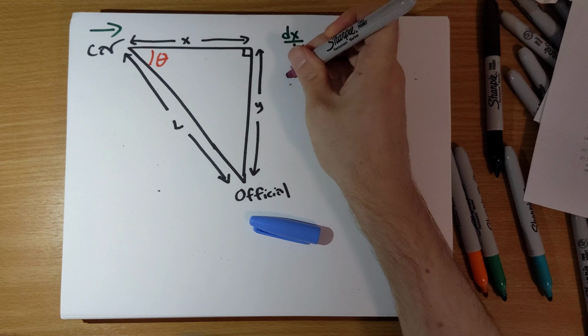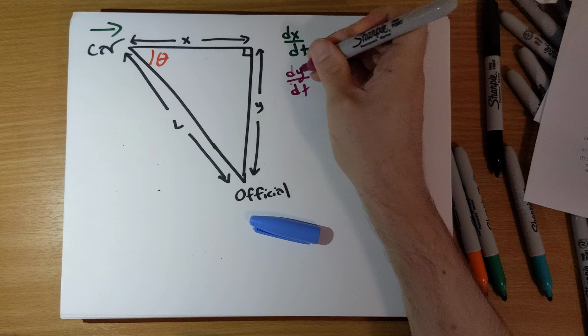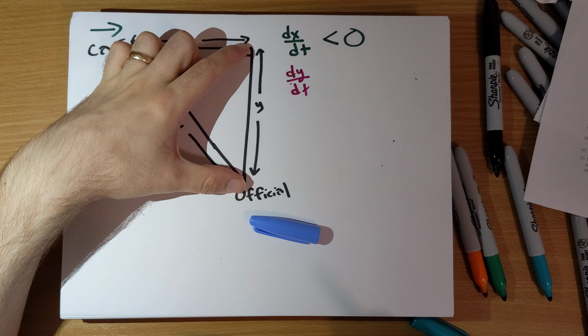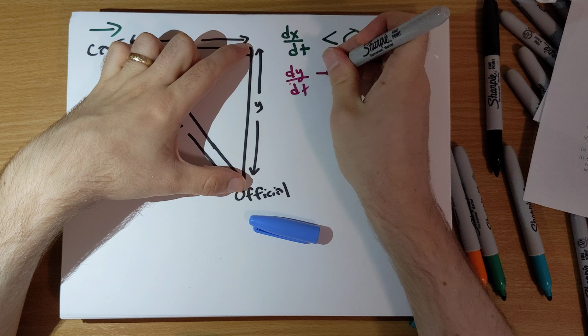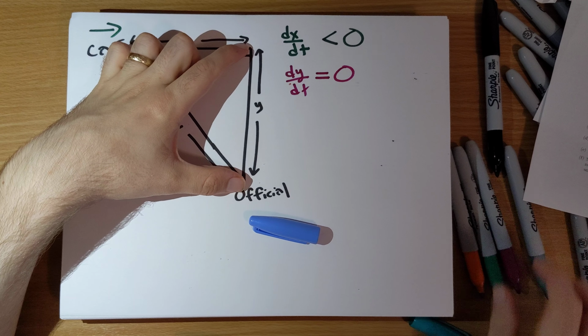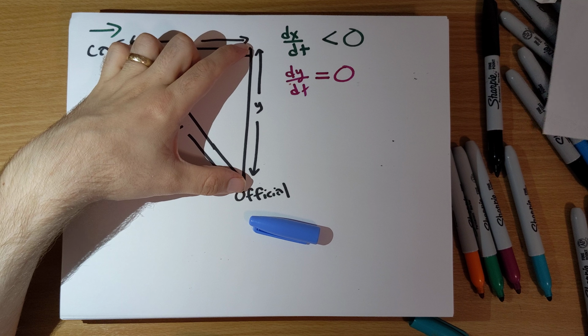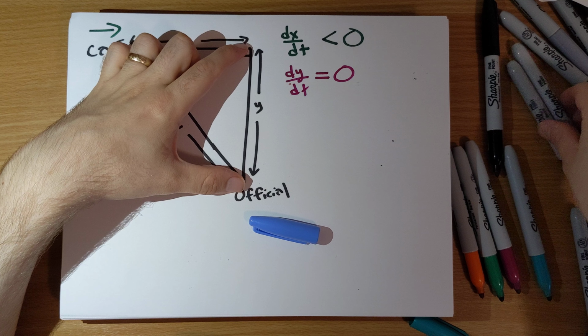Okay, dy dt, this is how far away the official is from the finish line. The official's not moving, the official's just sitting there. So y isn't changing, so its derivative with respect to time is 0.